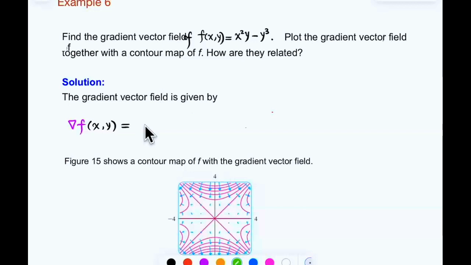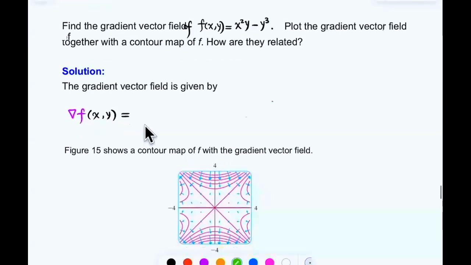So how do you get the gradient vector field? You take the partial derivative of that scalar function. Let's take the partial derivative with respect to x first, and that will give you the i component. Then you take the partial derivative with respect to y, and that will give you the j component.